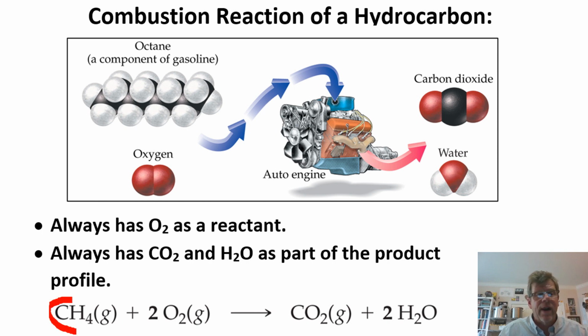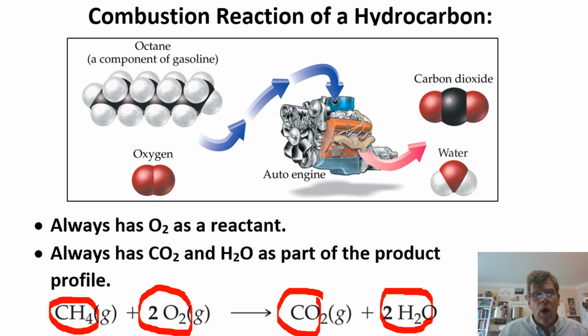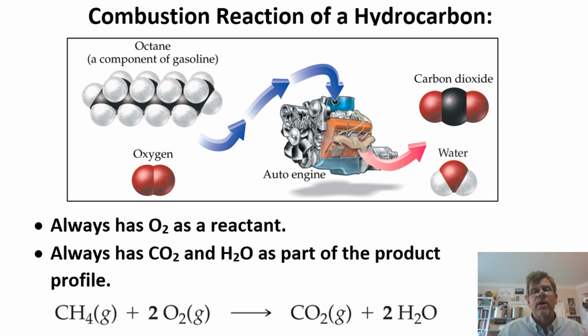That is the hydrocarbon, made up of carbon and hydrogen. And look at this, 2O2. So oxygen is always a reactant. Carbon dioxide and water are always products. So this would be easily designated as the combustion reaction of a hydrocarbon.